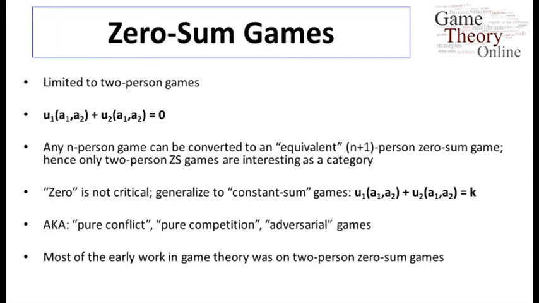And so in particular, you could take the 0 and add a constant to it, and nothing has changed. And so when we speak about zero-sum games, we really mean constant-sum games. These zero-sum games are sometimes called games of pure conflict, of pure competition, sometimes adversarial games, really the same sort of animal.